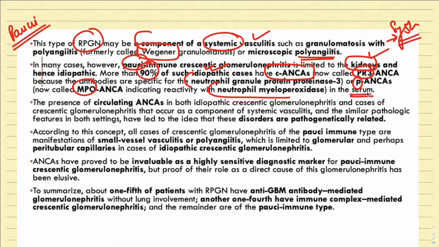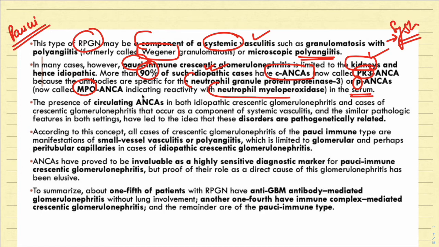So what you have to understand is that pauci-immune RPGN can occur either in the background of a systemic disease like a vasculitis, or it can occur solely locally in the kidneys only. They are idiopathic. In 90% of the idiopathic variety, they contain C-ANCA or P-ANCA. Now C-ANCA is called PR3-ANCA, and P-ANCA is now called MPO-ANCA.